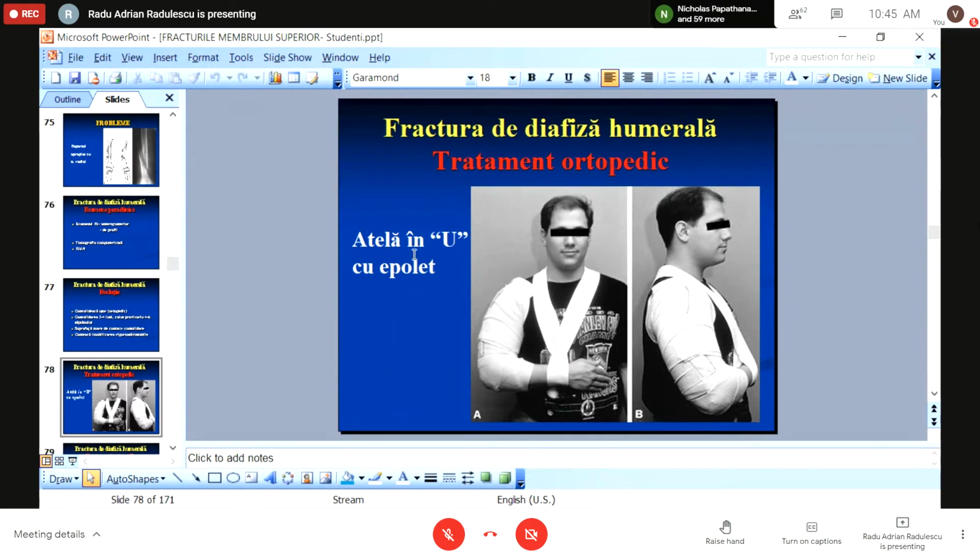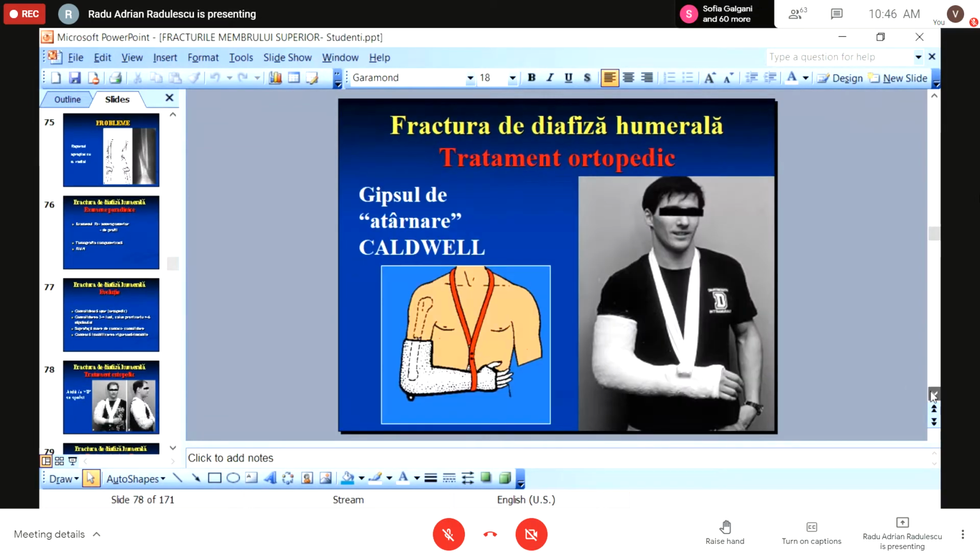We'll use a splint, a U-shaped splint, which will start from the anterior aspect of the arm, then bend at the level of the elbow and ascend back on the posterior aspect of the arm, so it's a sort of U-splint that will contain the arm, and also this splint will be applied with the help of a bandage. So this is one possible immobilization.